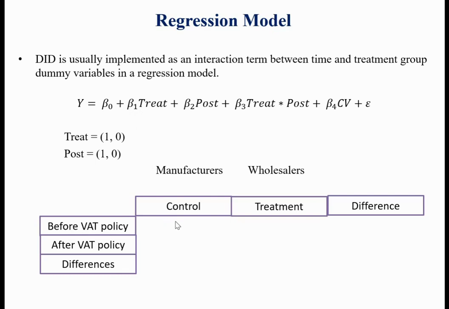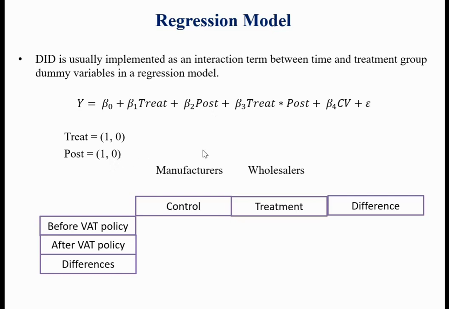So if we look at this particular region, like I explained early on, in this scenario treat is a dummy variable that is 1 if the firm is a wholesaler and 0 otherwise. And we have another dummy variable, post, which is 1 after the intervention and 0 otherwise.